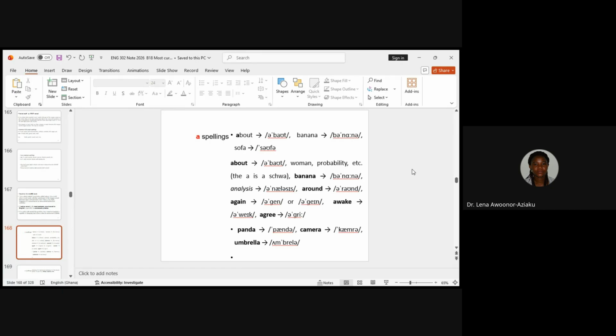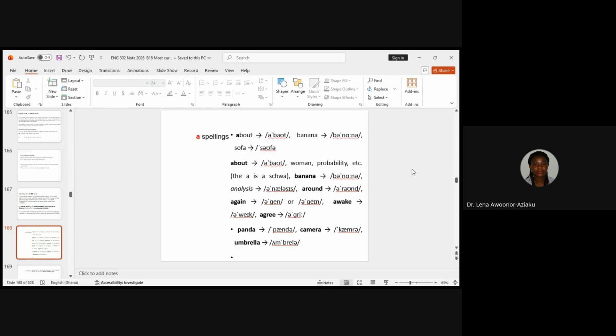Then you can also have schwa at final position. We call it final schwa. So we have initial schwa, final schwa. The final one, when you have A, is a schwa. ER is a schwa. OR, schwa. AR, schwa. AL, schwa.